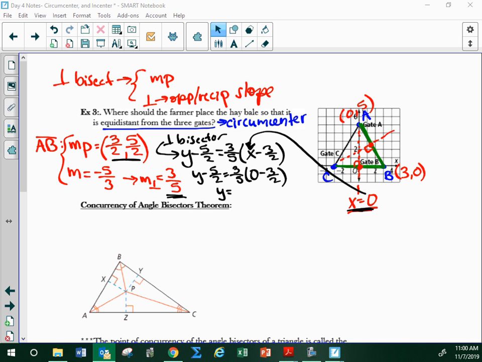Go and check your answers with someone nearby you. See how you did with your fractions. Fractions are your friends. It ends up being a fraction. I want you to check the shortcut and we'll find out.